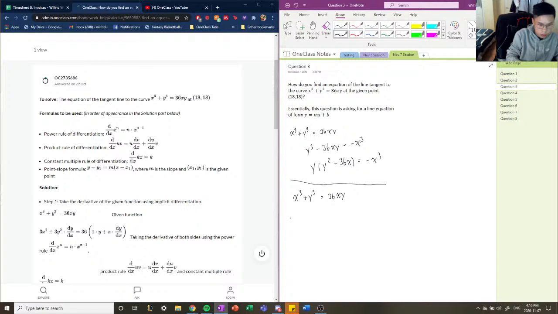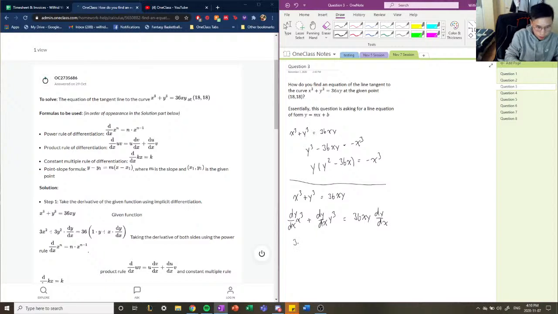So d over dx of x cubed plus dy over dx of y cubed, and 36xy, dy over dx. And dy over dx just means we're going to differentiate y in terms of x, okay?